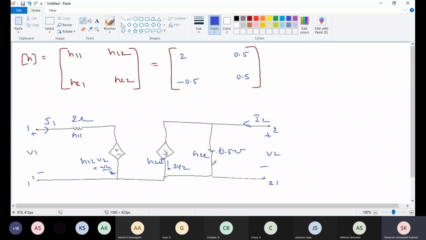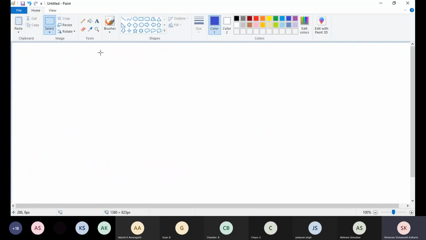First step for solving any of the parameters Z, Y, H: we need to know the basic linear equations. For Z, the variables are V1, V2. For Y, I1, I2. For H, V1, I2.